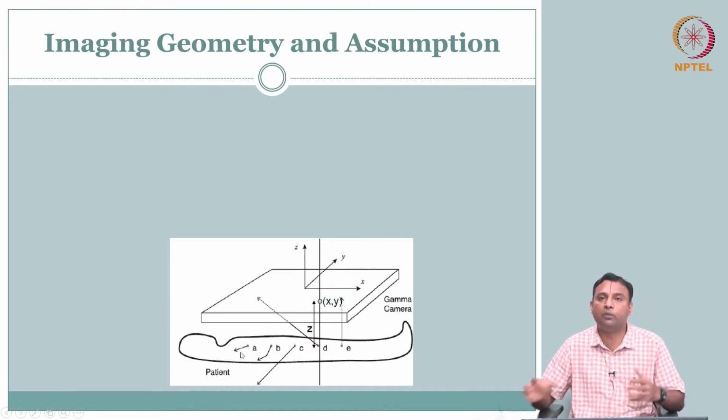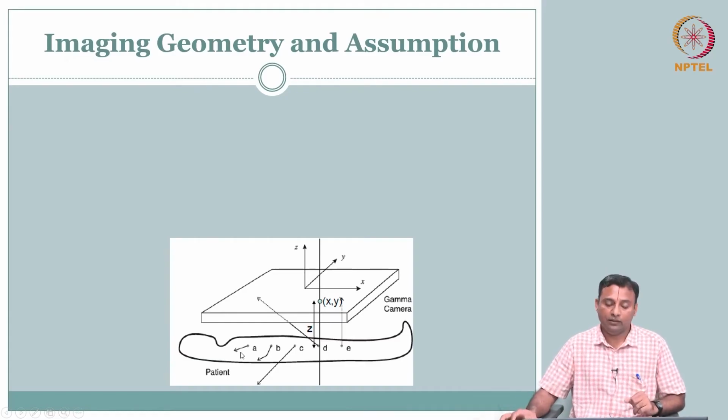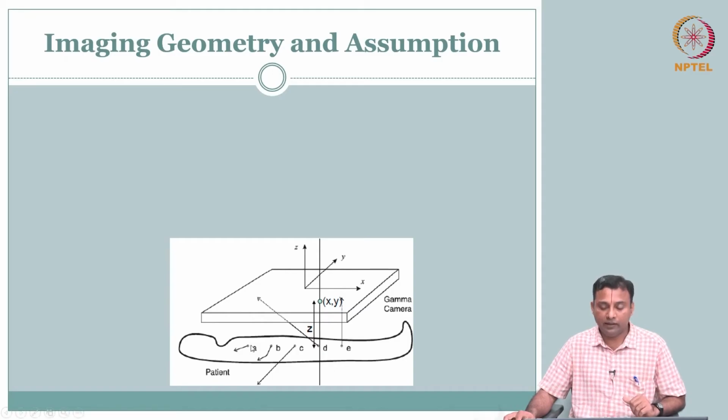It can still get absorbed inside the body. That is one possibility. Here it doesn't come out of the body, or it may come out of the body like these cases, but it can actually go in some other direction where the detector is not there. So that is again a chance for that.